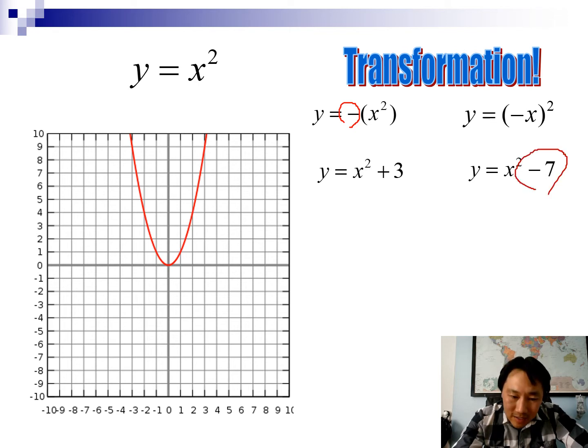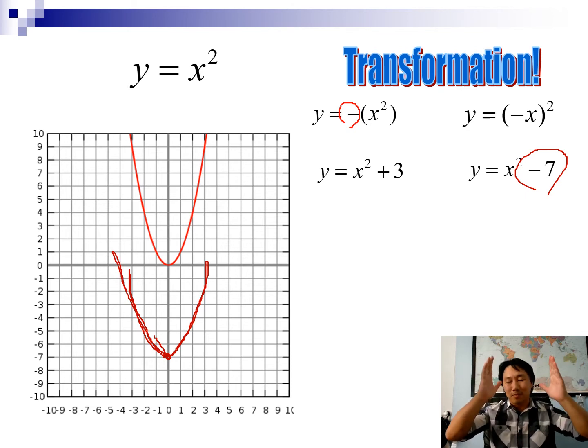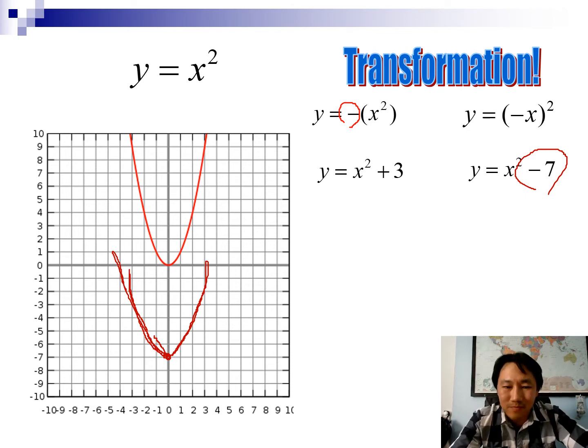So take the vertex, shift it 7 units down, and it still opens up. It's supposed to be the same width, just in case you're wondering. So the number that is added or subtracted to the parent just moves it up or down, depending on if it's plus or minus.